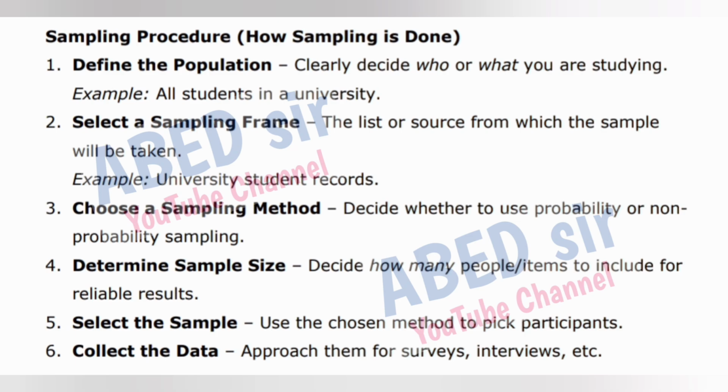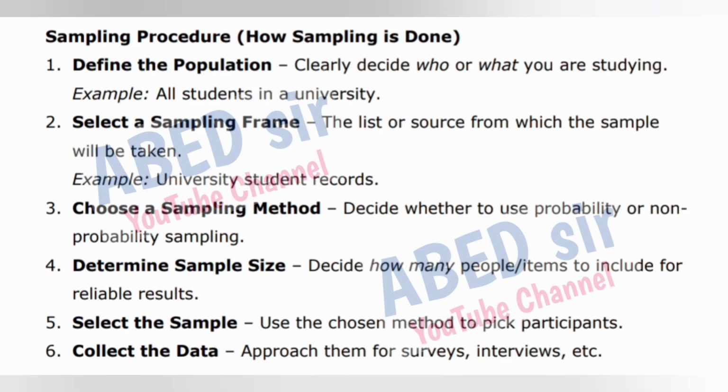1. Define the population. Clearly decide who or what you are studying. Example, all students in a university. 2. Select a sampling frame, the list or source from which the sample will be taken. Example, university student records. 3. Choose a sampling method.